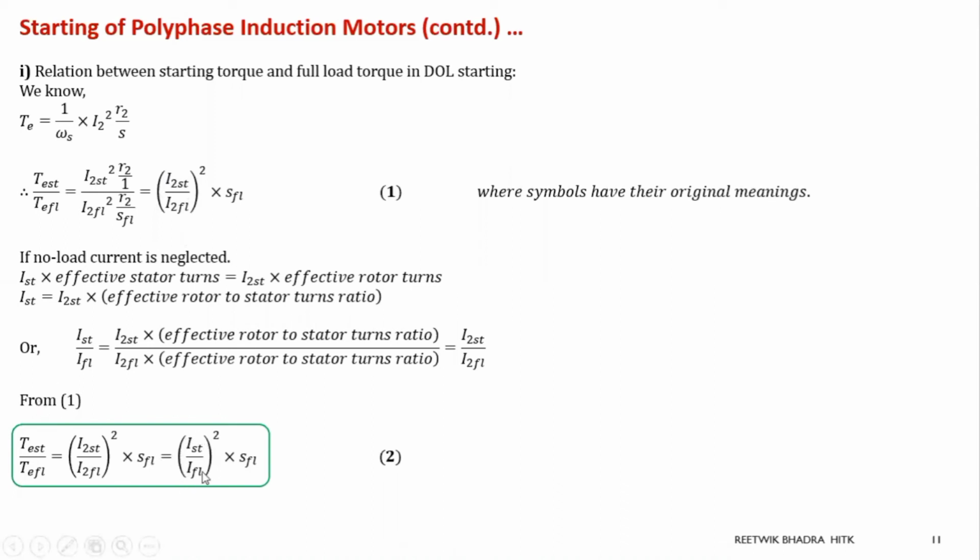So IST is your starting current, IFL is your full load current. So starting torque by full load torque is starting current by full load current whole square into SFL. This is a very important equation, which you will require to compare with other torques developed in reduced voltage starting, as well as in problems also. So remember this equation very nicely. Very important.